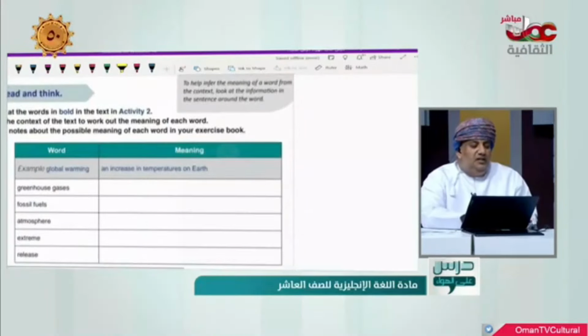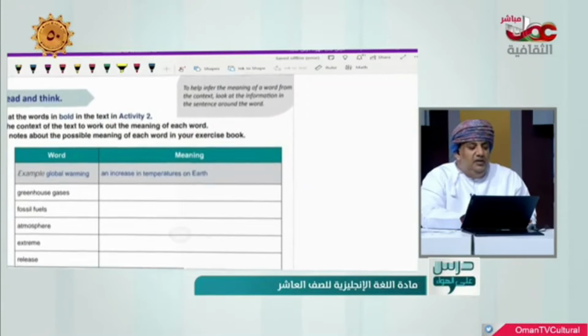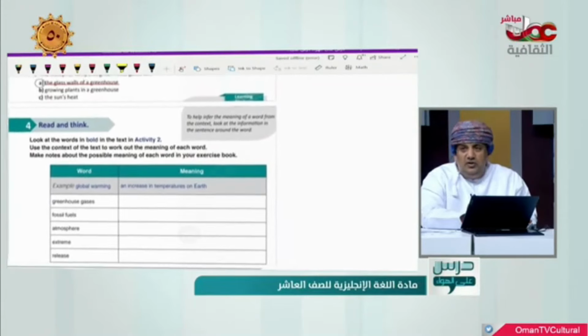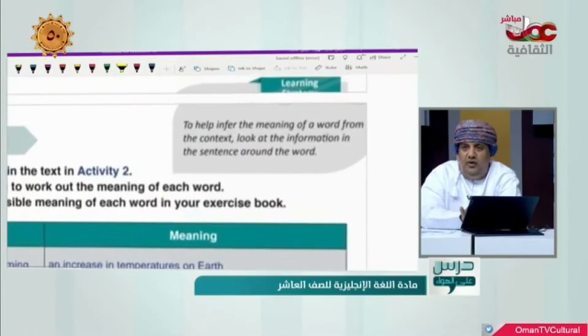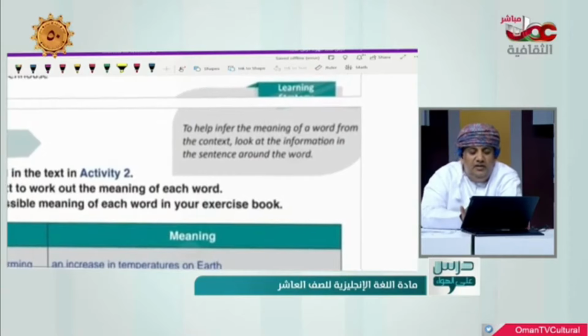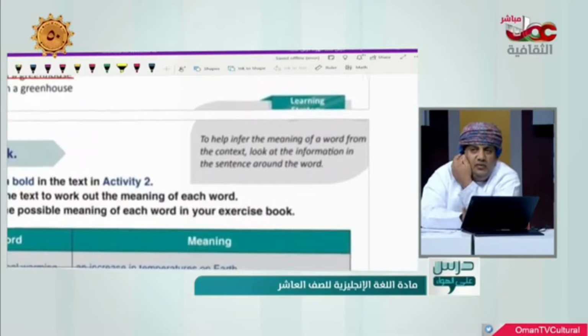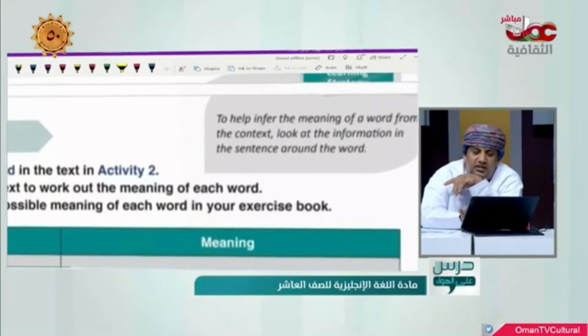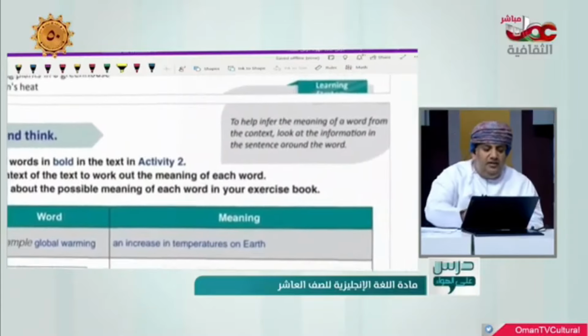Make notes about the possible meaning of each word in your exercise book. So here we have, he wrote something here to help infer the meaning of a word from the context. Look at the information in the sentence around the word. So we are going to use this technique. We are going to look around the word to find the correct meaning.